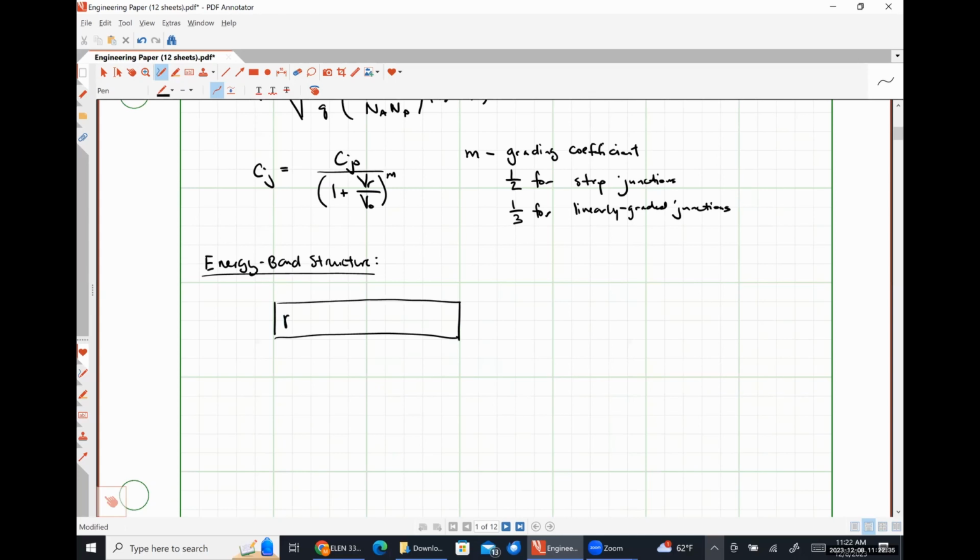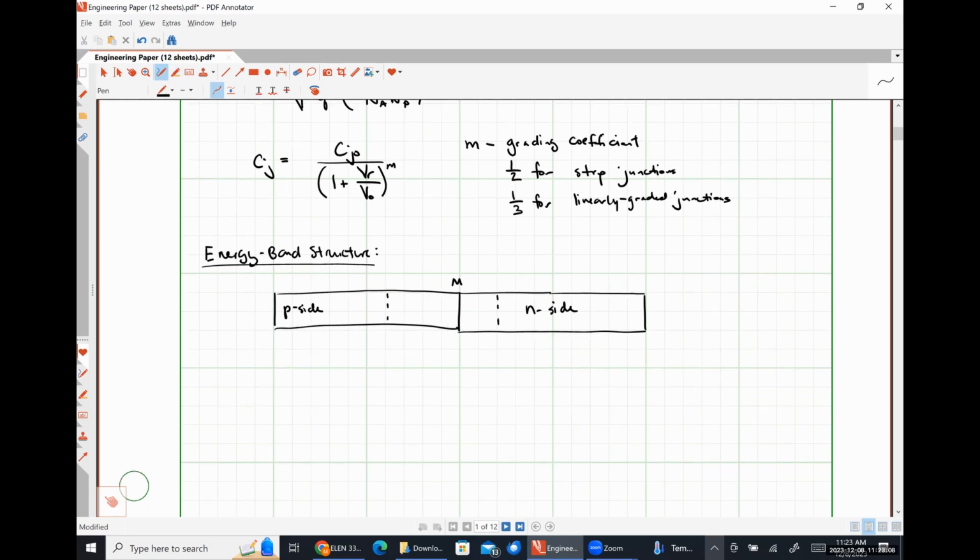This is the P side of our crystal, and this dashed line is representing the width of the depletion region into the P side. Here's our metallurgical junction. And over here is the width of the N side of the depletion region. Then this is the neutral N-type region.